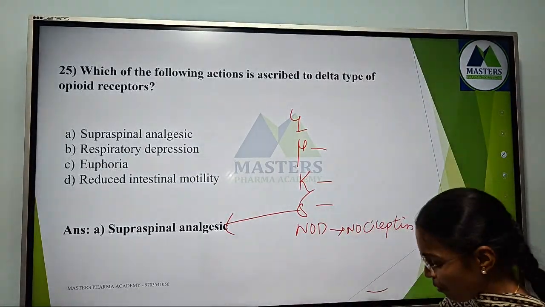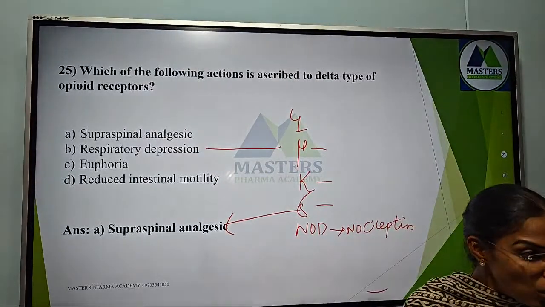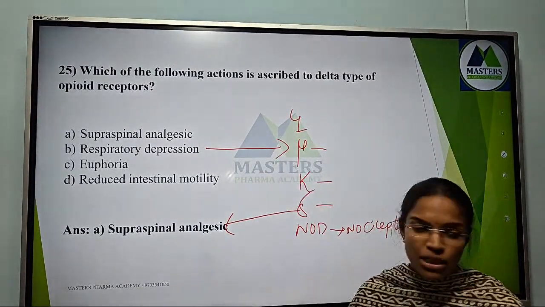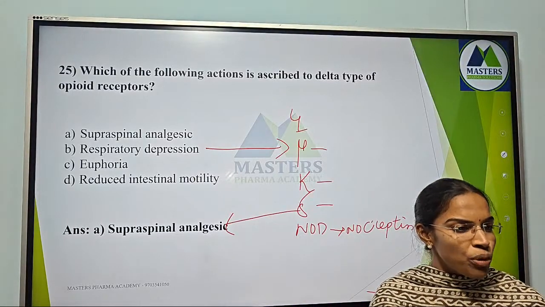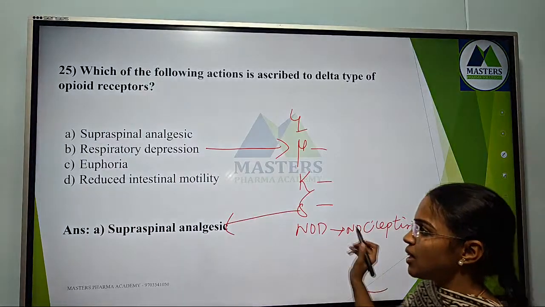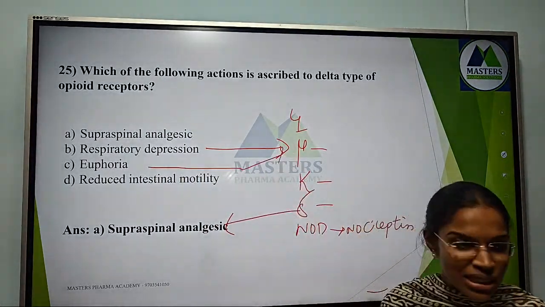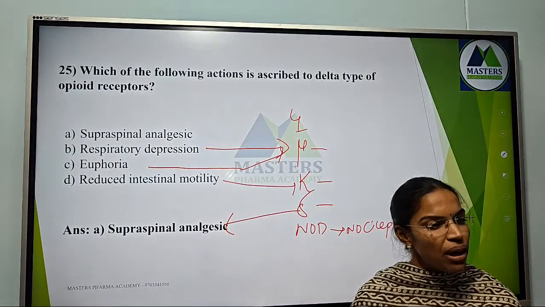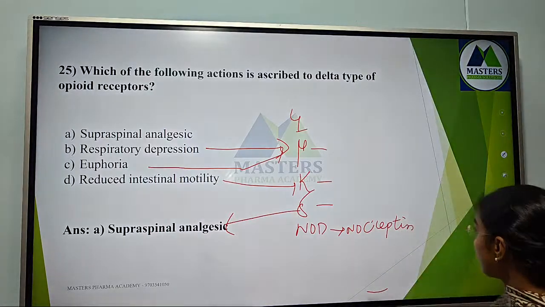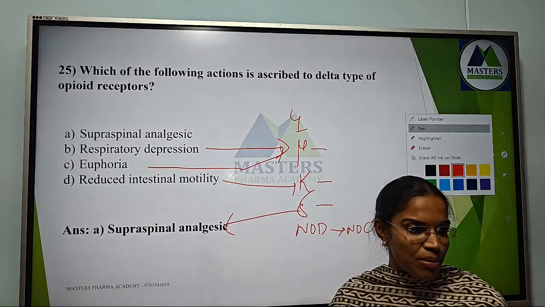Respiratory depression, when it occurs, is through mu receptors; it is controlled by the action of opioid drugs through the mu receptors. Euphoria is also through mu receptors, and reduced intestinal motility through kappa receptors. Very important, all four types of opioid receptors.